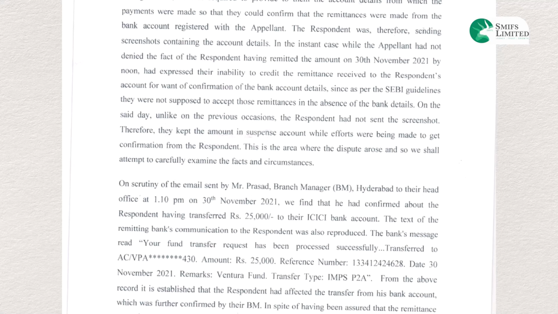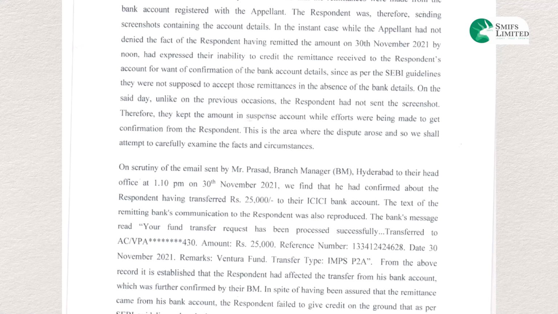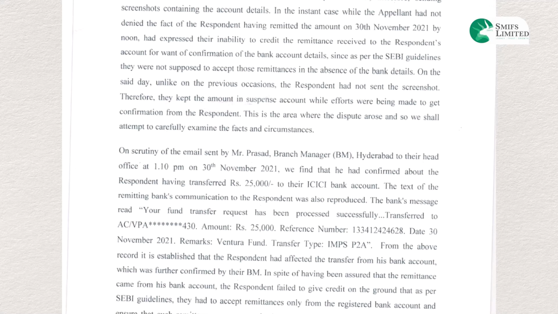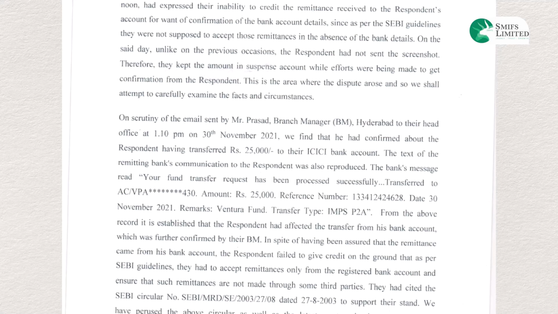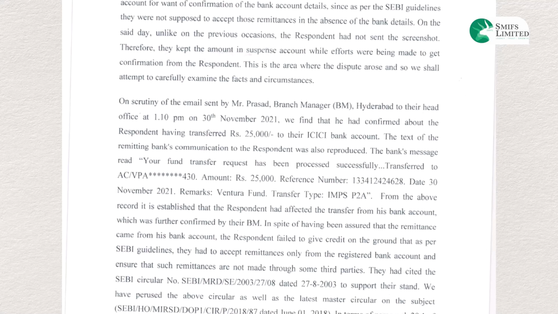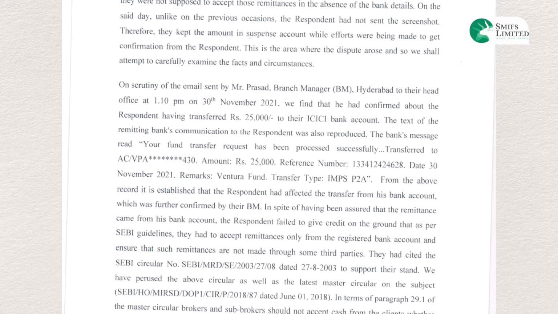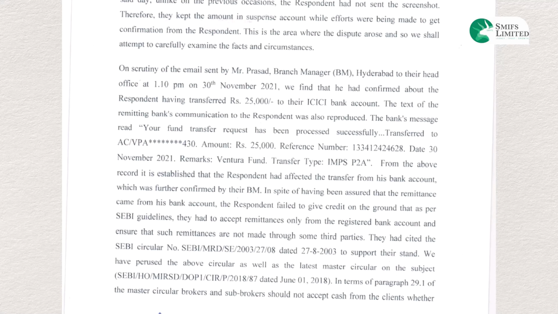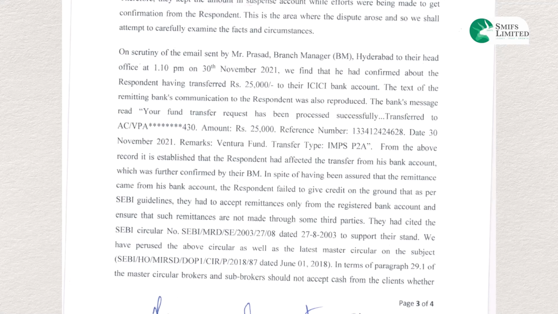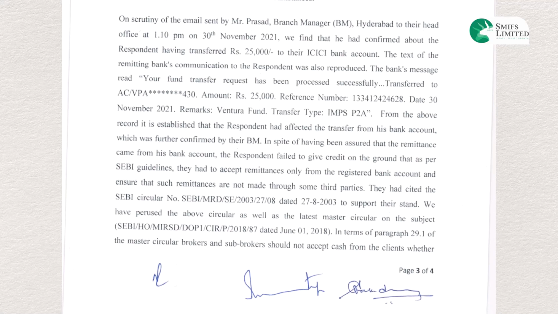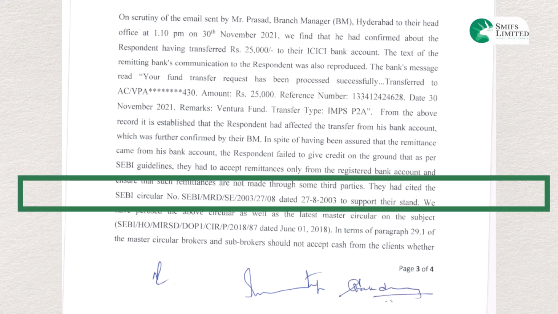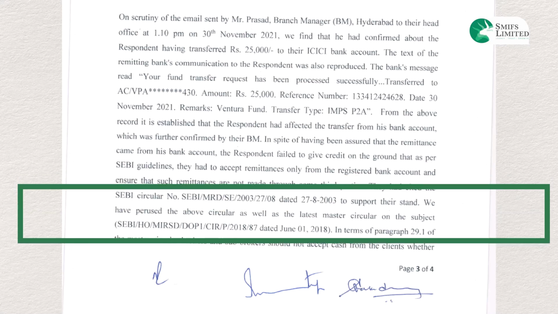The appellate arbitral tribunal, upon going through the award passed by the sole arbitrator and the question of law regarding updation of the financial ledger, found that the trading member had faulted on two SEBI circulars, namely the circular dated 27/8/2003 and the SEBI circular dated 1st June 2018.